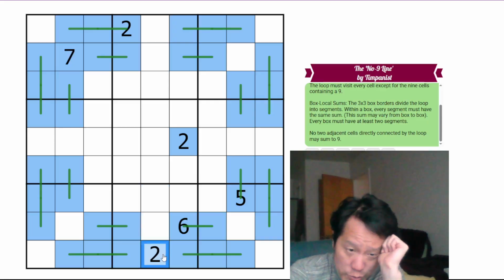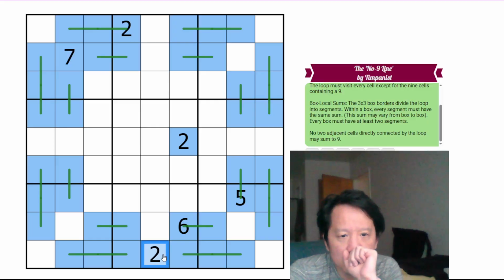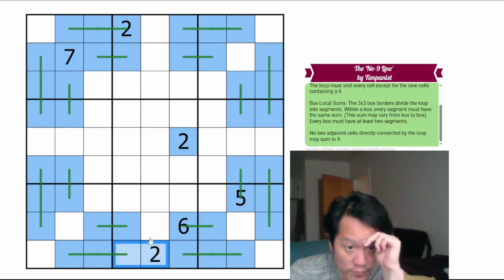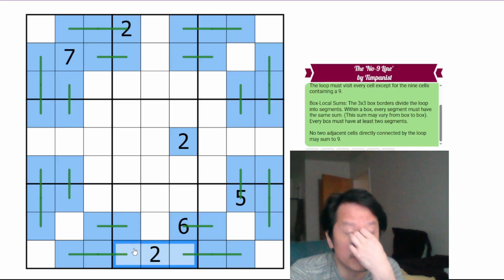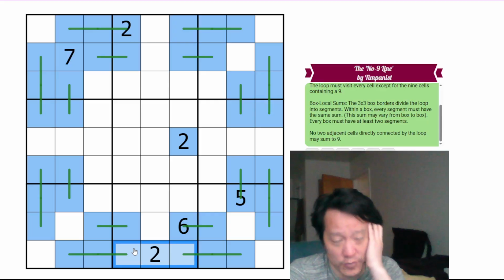How does this 2 work? Can this ever be 2? So it's going to connect to one of these two, guaranteed. It can connect to both of them.